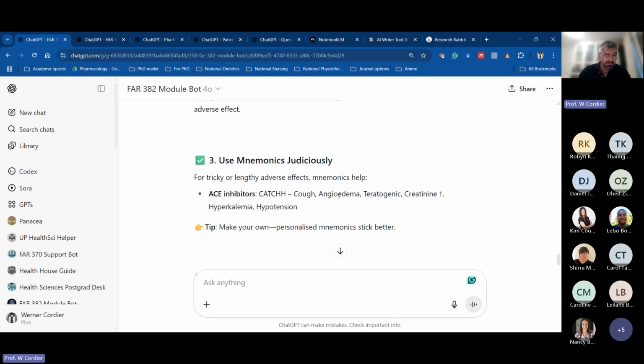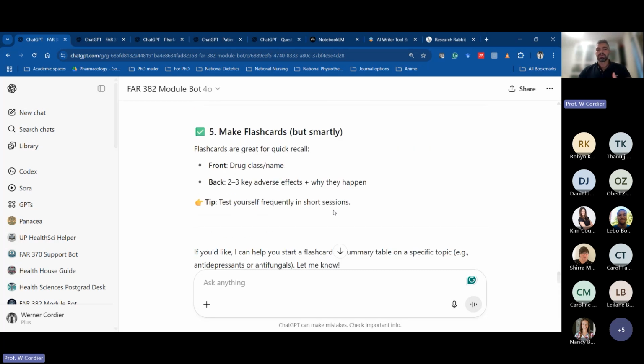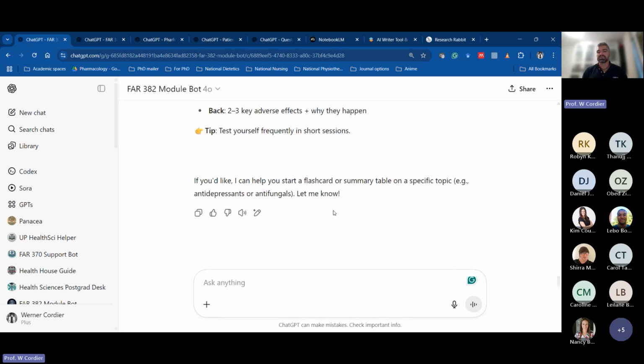It's not really a favorite of mine, but a lot of the students use it, with varying success, and practicing clinical scenarios. So in doing so, it also helps to bypass a lot of the typical questions that we would get. And I'm sure that many of you also have maybe a template on the back end where you just copy paste the routine standard recommendations you would give for studying.